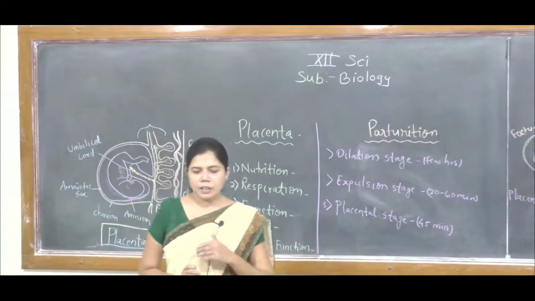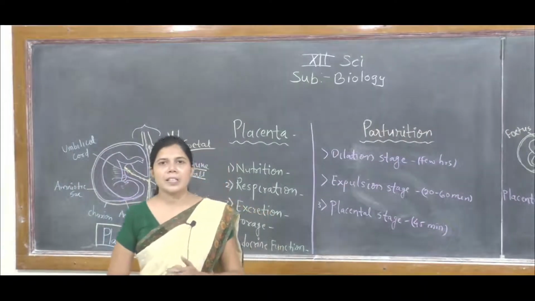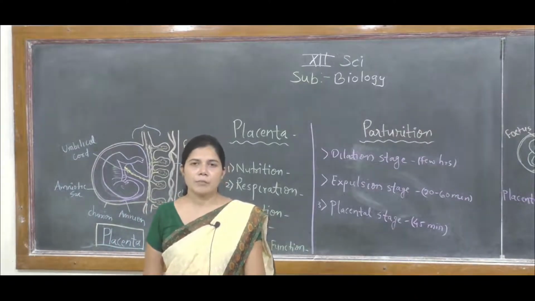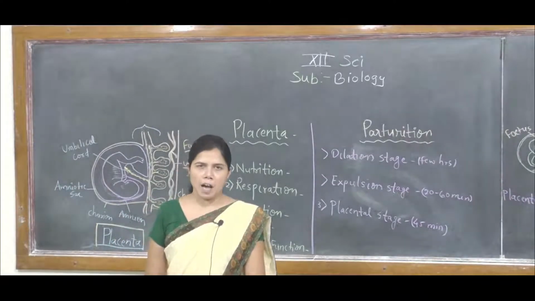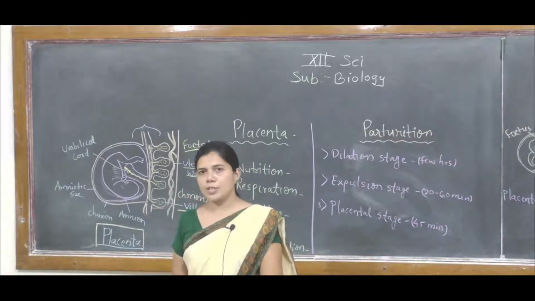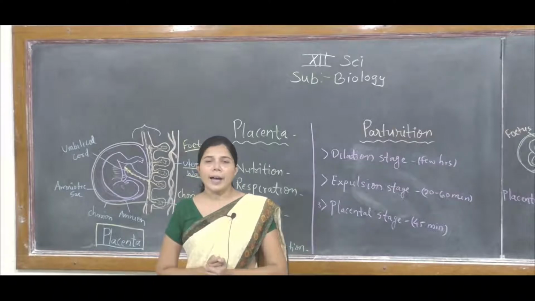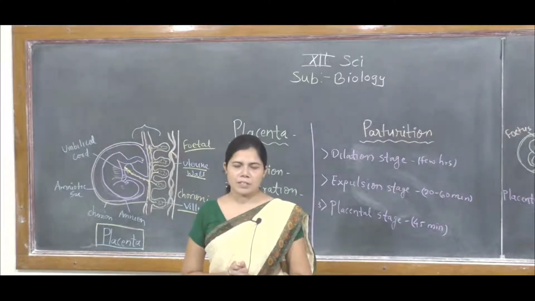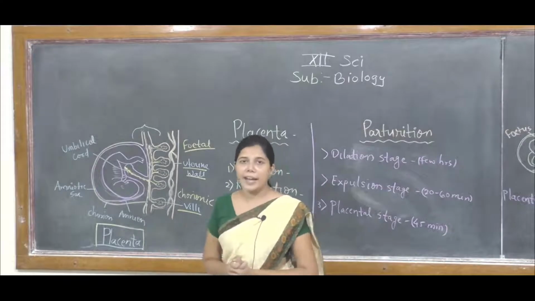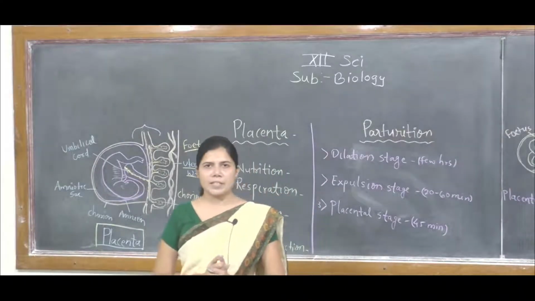Again, regarding hormones, the placenta secretes hormones like progesterone, estrogen and HCG during pregnancy. In the first trimester, the progesterone hormone is secreted by the placenta and maintains the pregnancy.